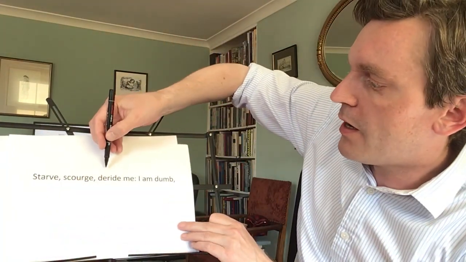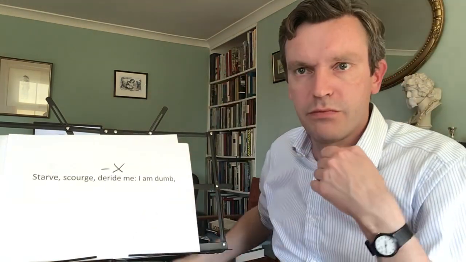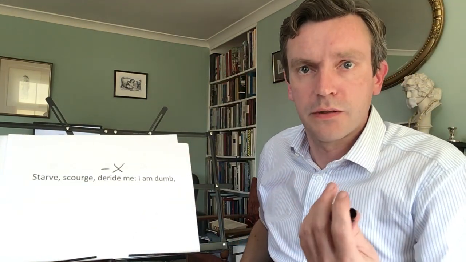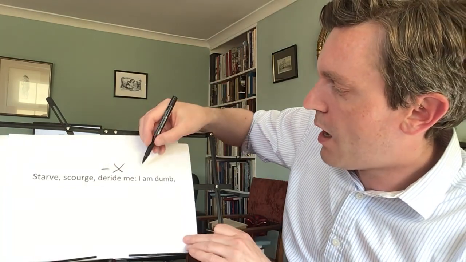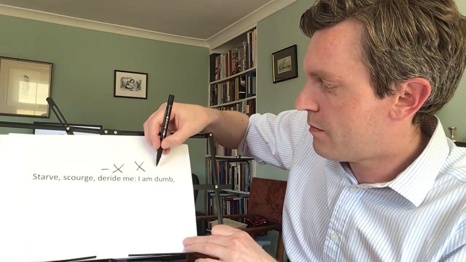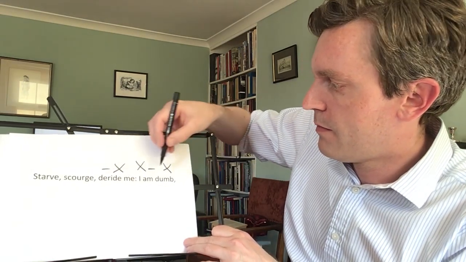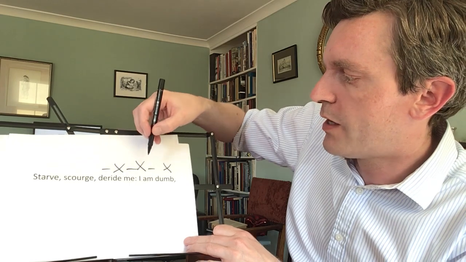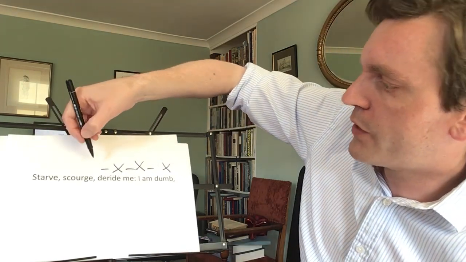Starve, scourge, deride me, I am dumb. Because naturally you might well put stress on starve. Deride we can do quickly. It's deride, not deride. Deride sounds like some strange chemical. I am dumb. Same rules that we applied to I was born. I am dumb. Me, therefore, will unstress. Starve, scourge.